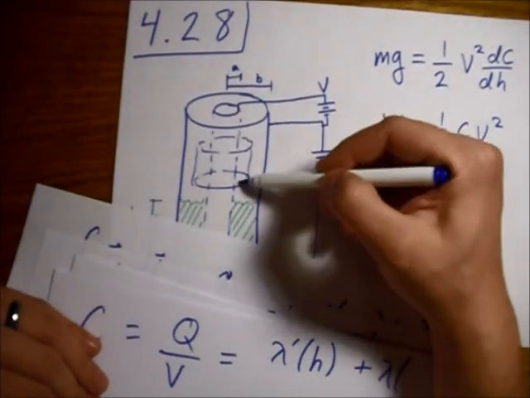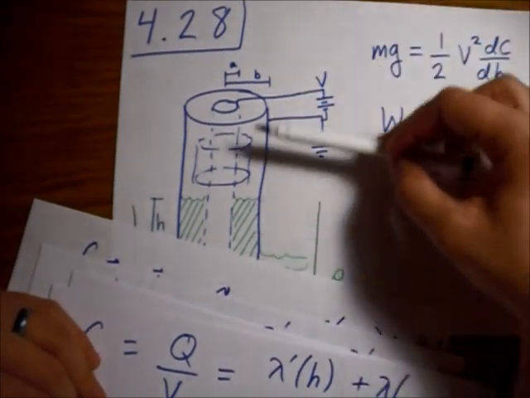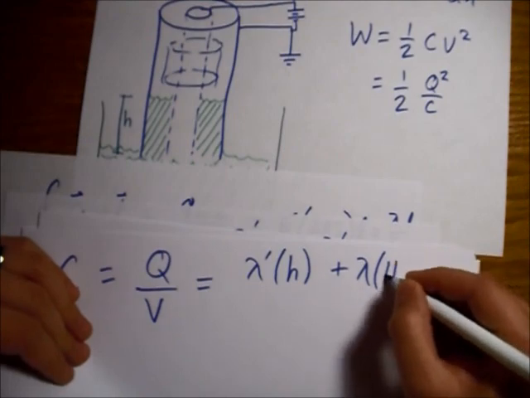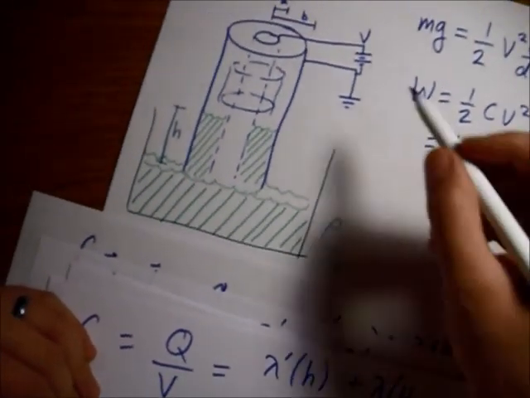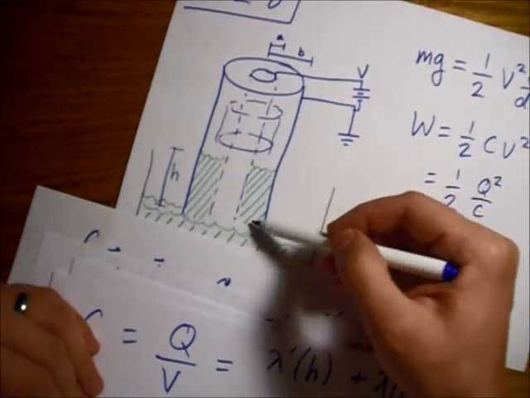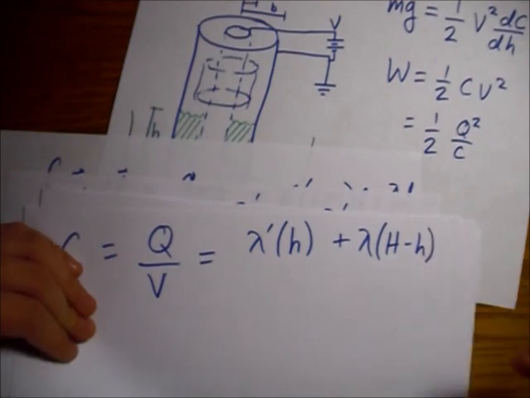And how long is this piece up here? Well, that depends on how tall the tube is. I'm just going to call it big H. So the piece up here is just the total height of the tube, big H, minus this little h.